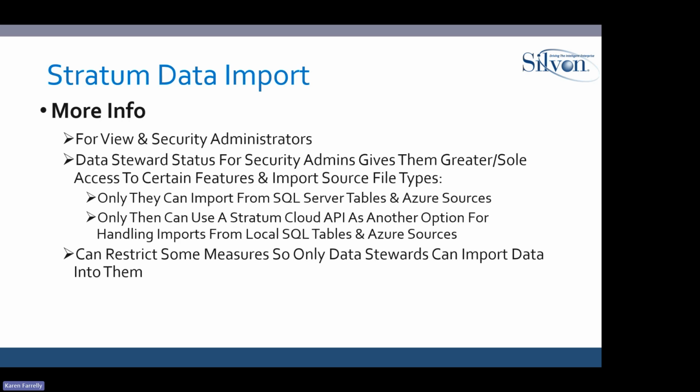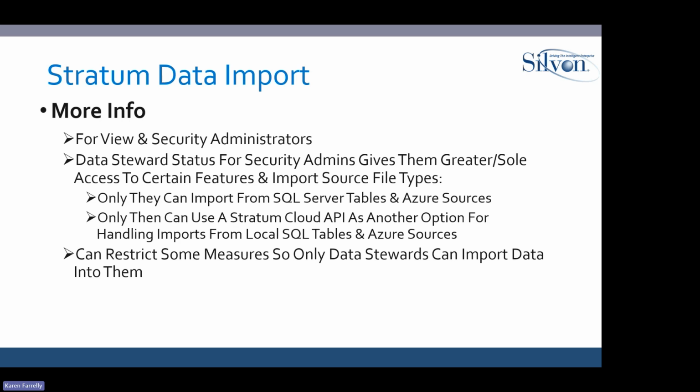And they have access to something called the Stratum Cloud API. So that gives them an alternate option for bringing in some data from different types of sources versus just using the Stratum interface. So if they use this Stratum Cloud API, they could use that to import from local SQL Server tables or Azure sources, or alternatively just use the viewer interface for that.